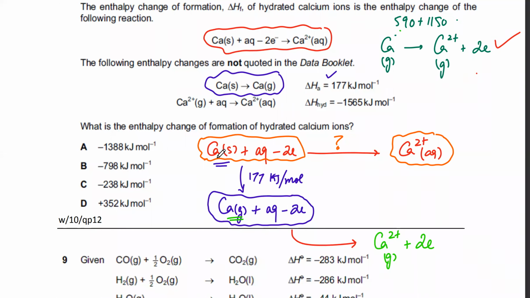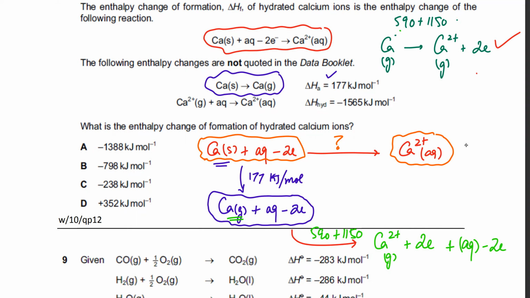First, calcium solid turns into gas, and I knew the value. Now I'm turning gaseous calcium into calcium 2 plus ions, and they lose 2 electrons. The other thing remains exactly the same, plus aqueous and minus 2 electrons. The enthalpy change for this is 590 plus 1150.